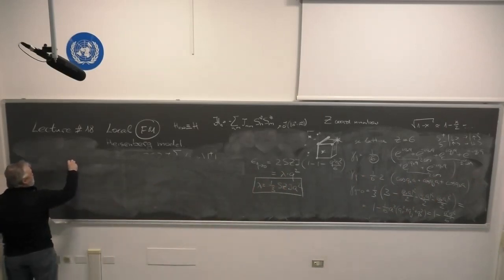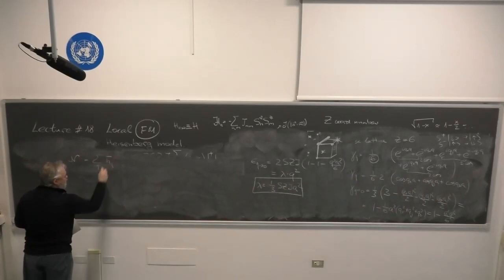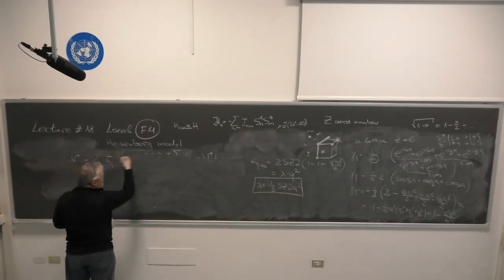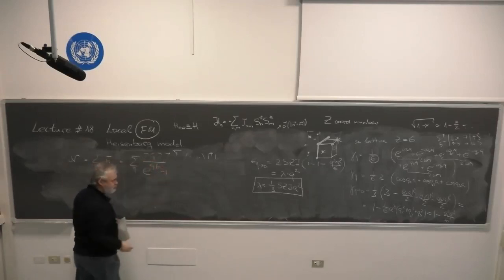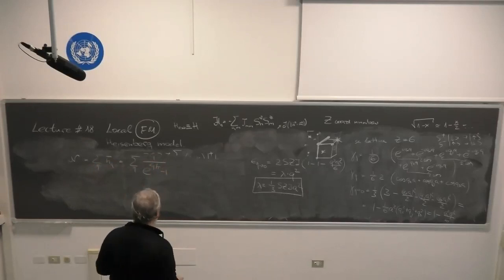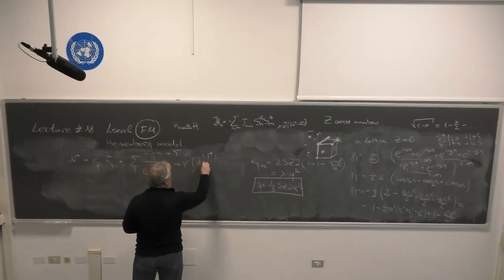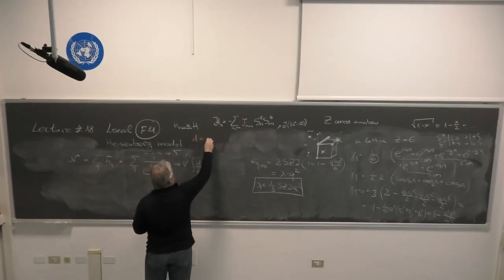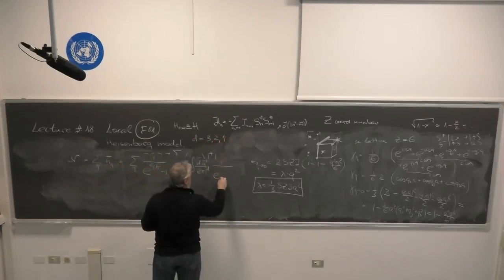So this number of magnons, let me call it n, is equal to the sum over q of the average n_q. To be precise, this is a Bose distribution function, sum over q of 1 over e to the power epsilon q over temperature minus 1. This is then related to a volume integral, d^d q over (2 pi)^d, where I consider d equal to 3, 2, 1, and then it's 1 over e to the power epsilon q over temperature minus 1.